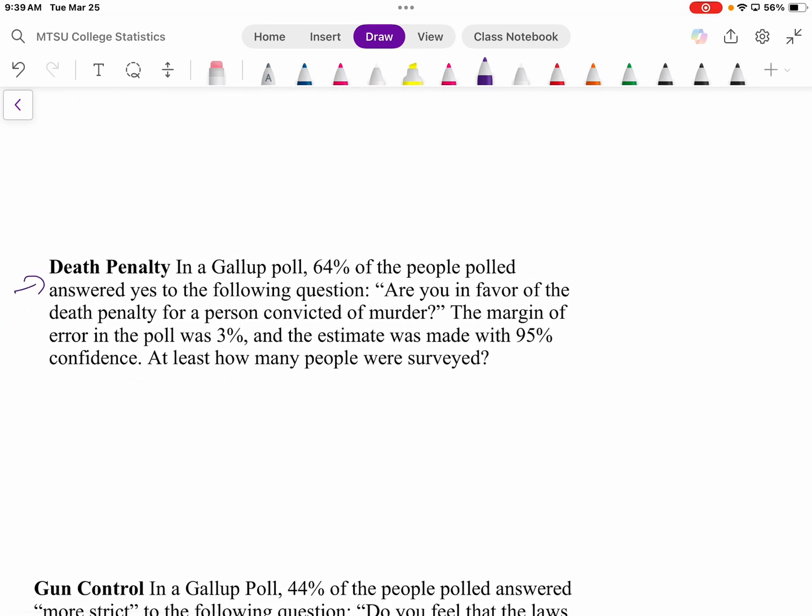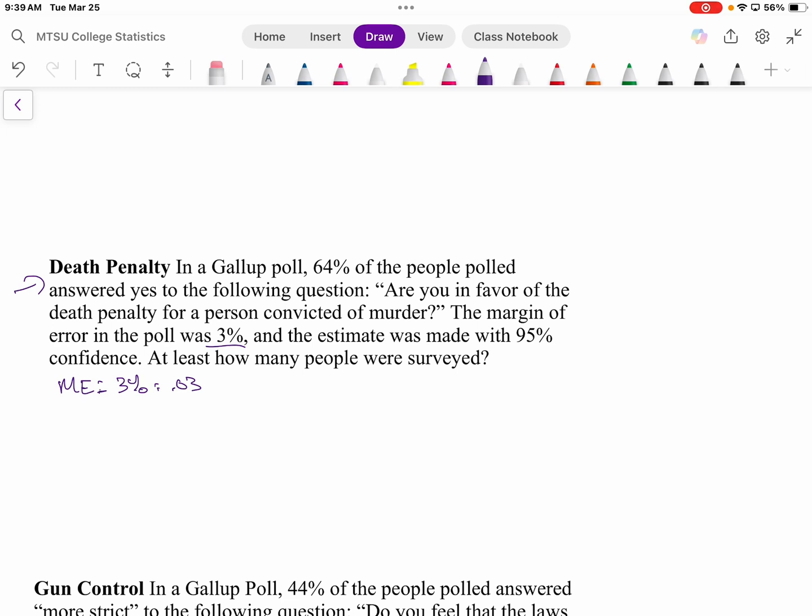In a Gallup poll, 64% of the people polled answered yes to the following question. Are you in favor of the death penalty for a person convicted of murder? The margin of error for the poll was 3%. So margin of error was 3%, which is 0.03. I would always turn percentages into a proportion, make them a decimal, because we needed to make them that way for calculations.